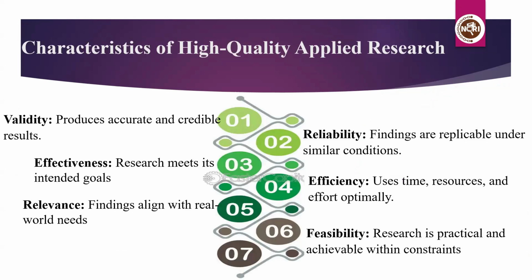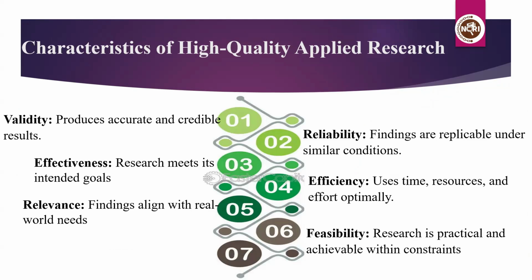some of the characteristics of applied research: it is valid. That means its products and produces are accurate and credible. Okay, and at the same time, another characteristic is effectiveness. It meets intended goals, and it is also reliable.